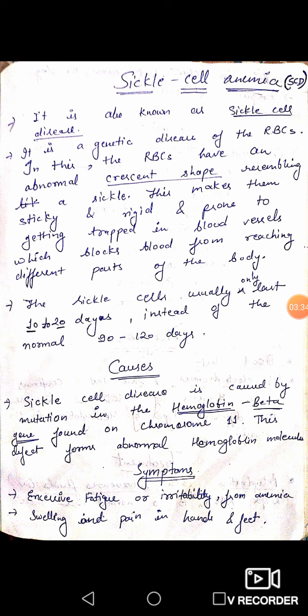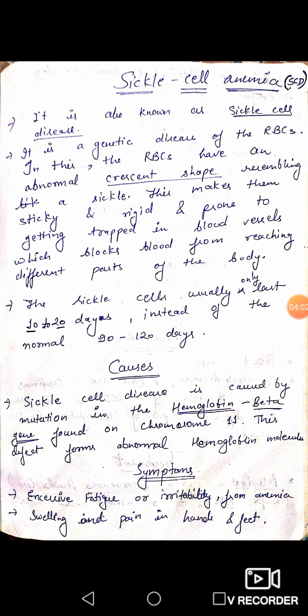When abnormal hemoglobin is formed, it carries less oxygen, and so oxygen cannot reach different parts of the body, and our organs are deprived of oxygen and get weak.